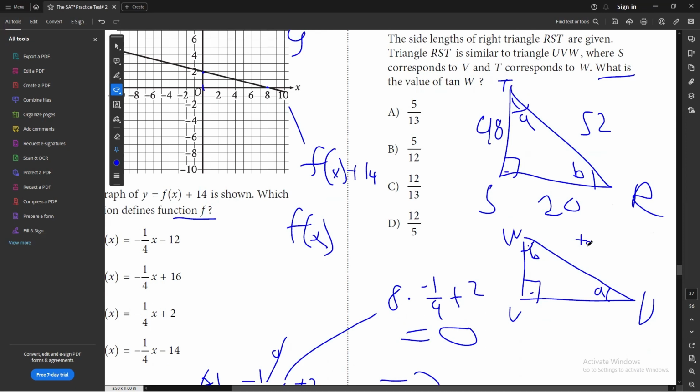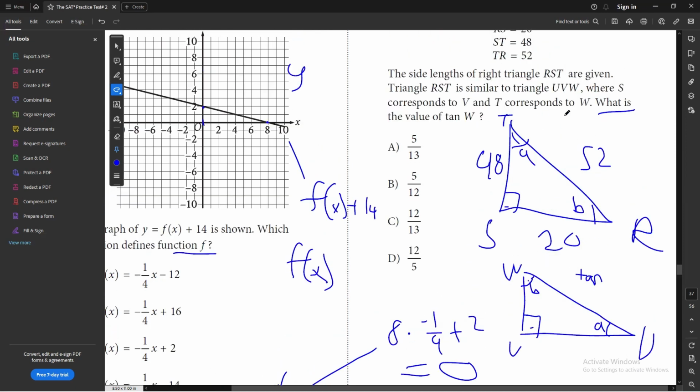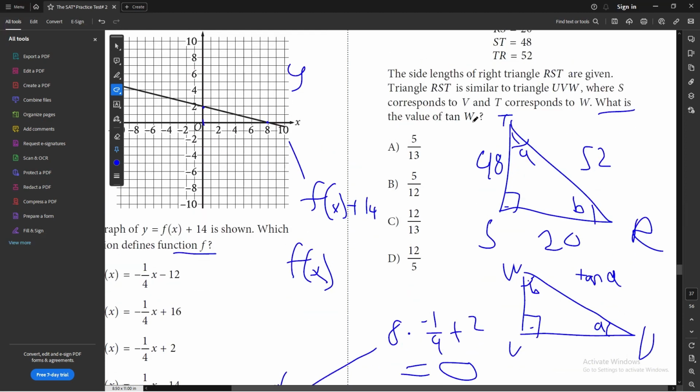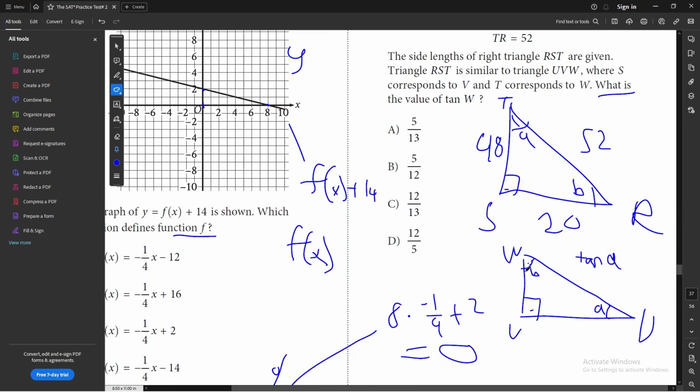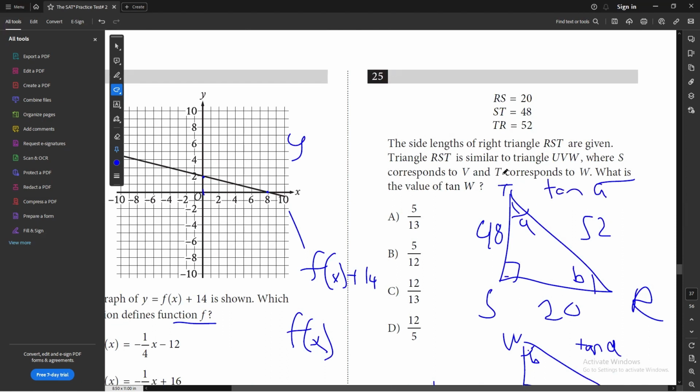And if I use tangent, I don't need this triangle, I need this triangle. So they're actually asking me the tangent of A, because tangent of W is the same as this. So I'm going to say tangent of A, but it's also tangent of T, whatever you want to call it.